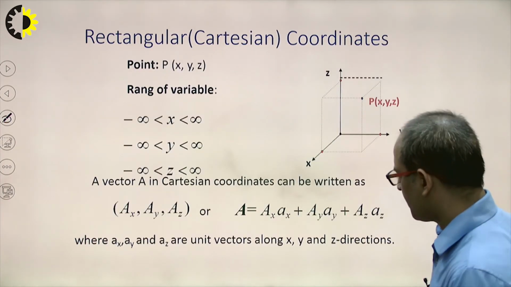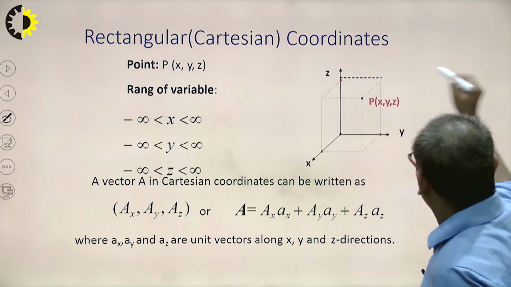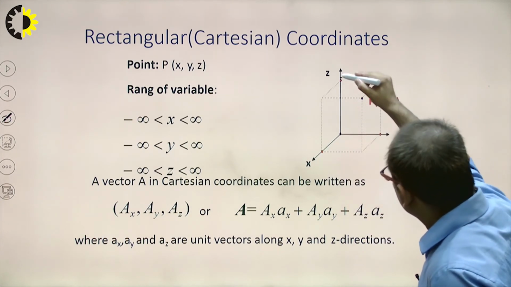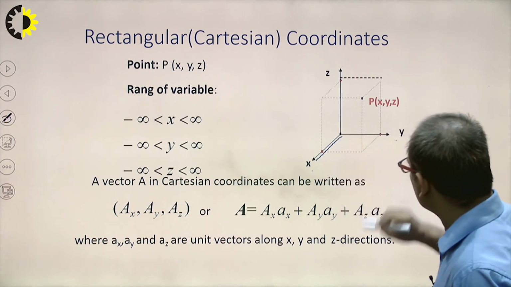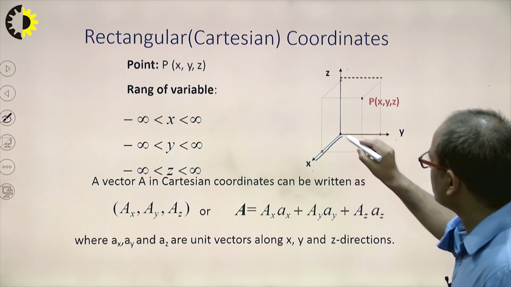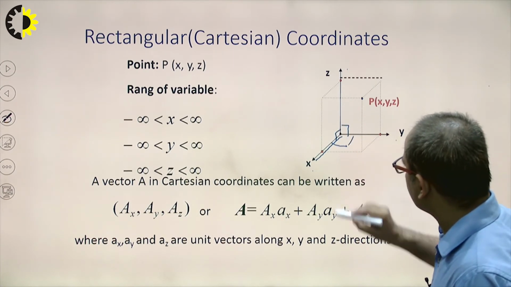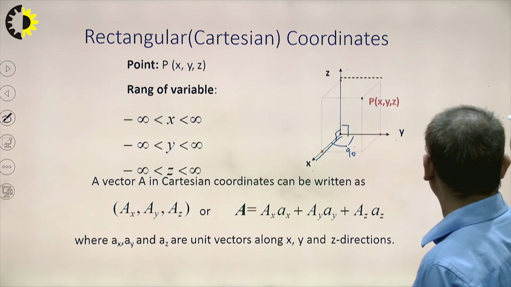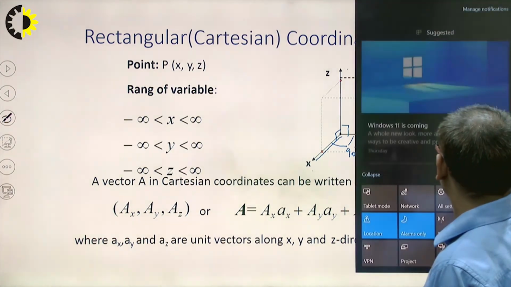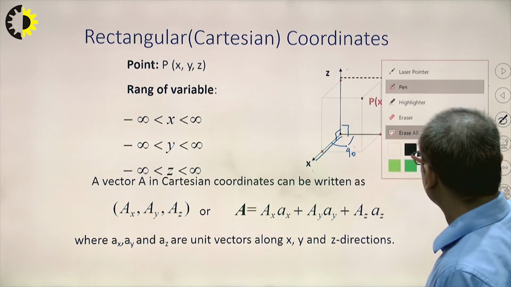Now we will see here, if I say this is the x direction, this one is the y direction, and this one is the z direction, they all are what? 90 degree to each other. These all directions are 90 degree to each other.